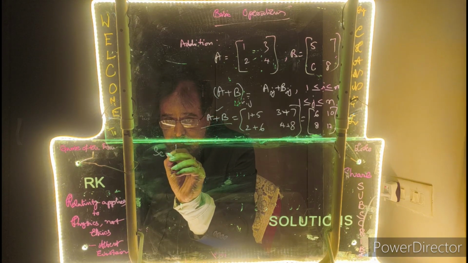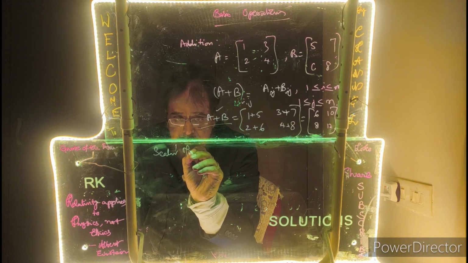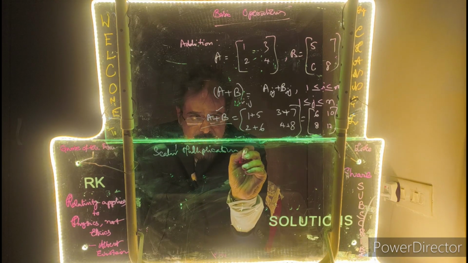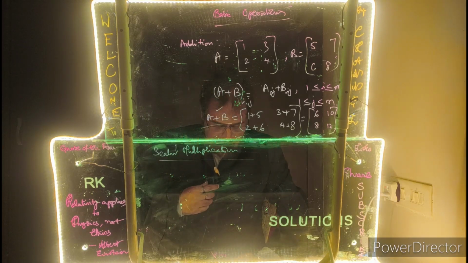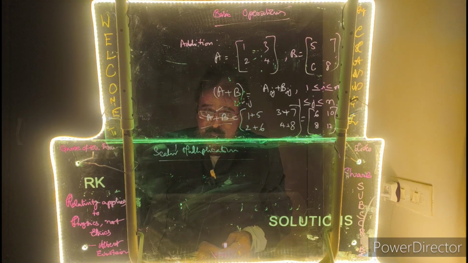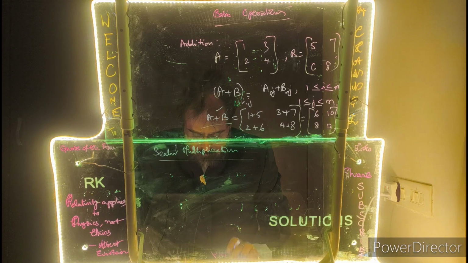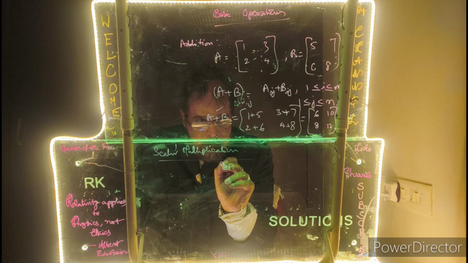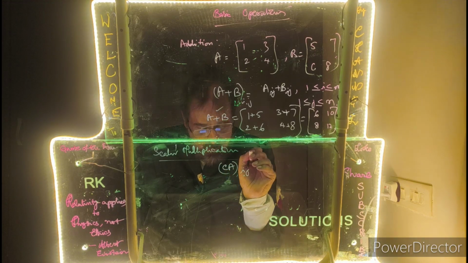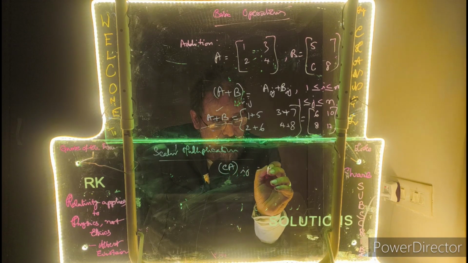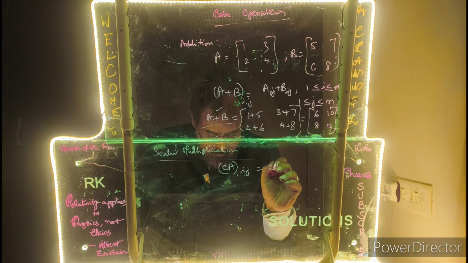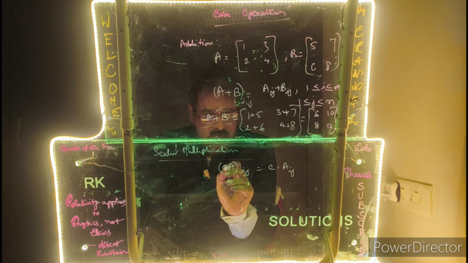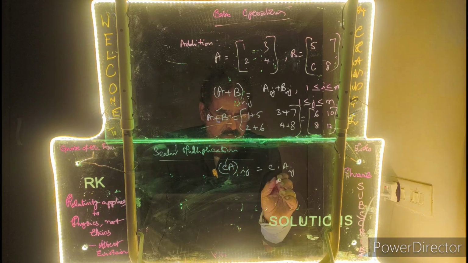Scalar multiplication is basically (cA)ij equal to c into Aij. Meaning, c is a scalar here.